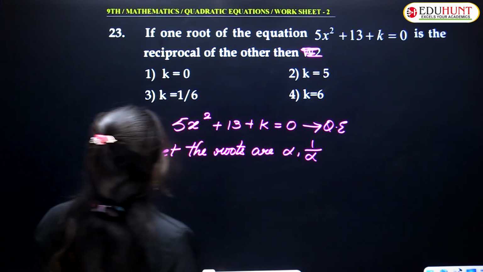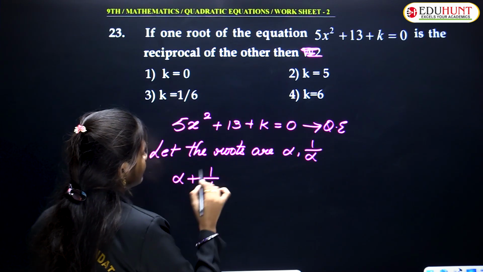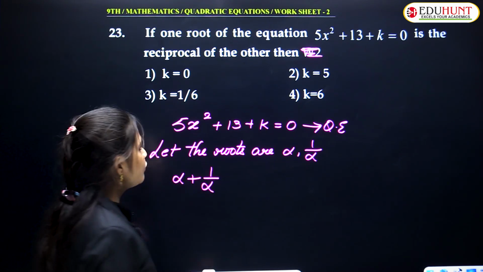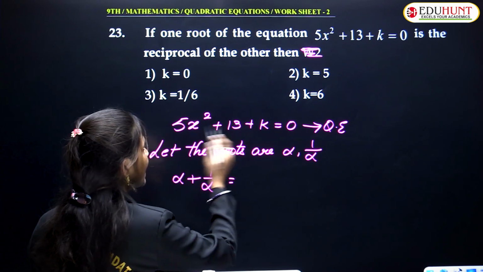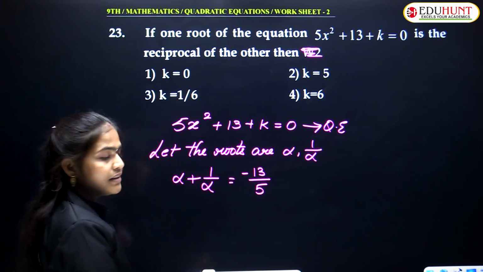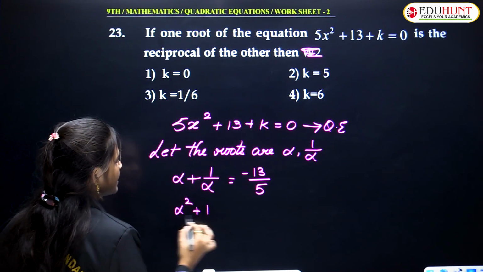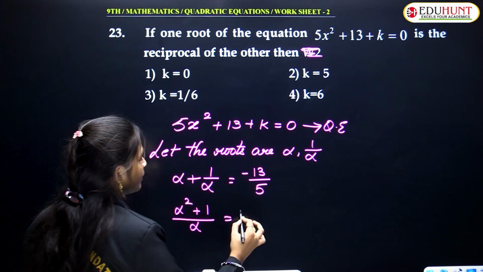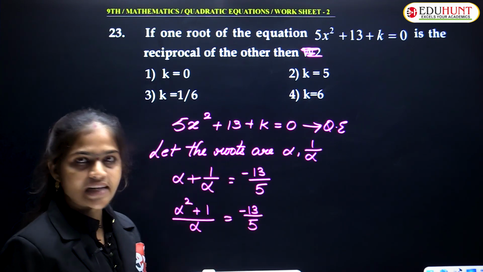So see here. First find the sum of the roots. So alpha plus 1 by alpha is equal to minus b by a, so minus 13 by 5. Clear? So alpha square plus 1 by alpha is equal to minus 13 by 5. So here we got this condition.